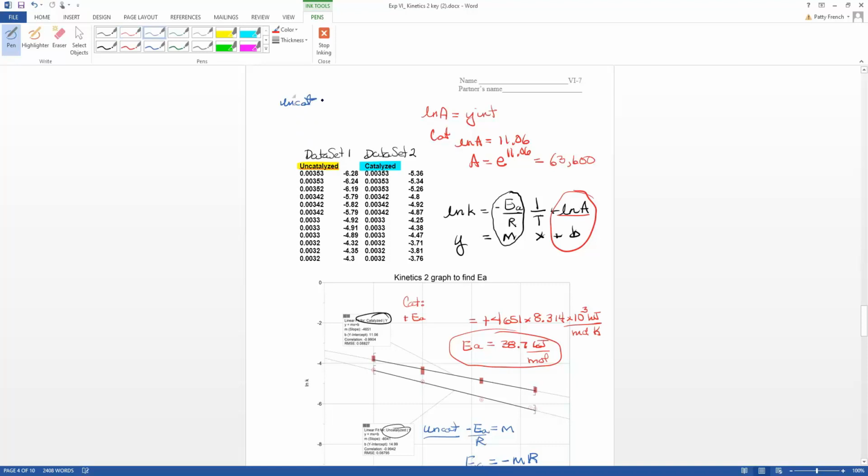Again, ln of A is equal to, uncatalyzed, way down here, 14.99. So A equals e to the 14.99, or A equals 3.24 times 10 to the 6th. It's a whole lot bigger than this one. This was 6.36 times 10 to the 4th. Okay, gone way, way up.